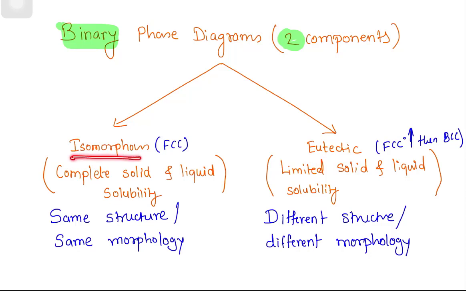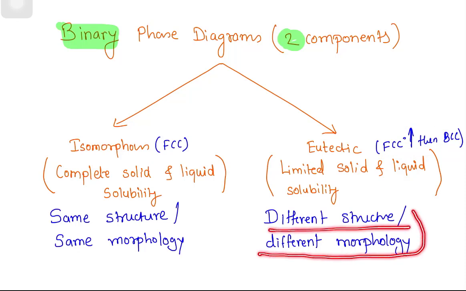In an isomorphous system we don't have a solubility limit or solubility curve. For example, if I have a material which is FCC in structure, first it will be in FCC and then it can change to BCC. In a eutectic system there is a change in the structure. That's the definition of eutectic, different structure or different morphology. This you will see in the eutectic phase diagram.